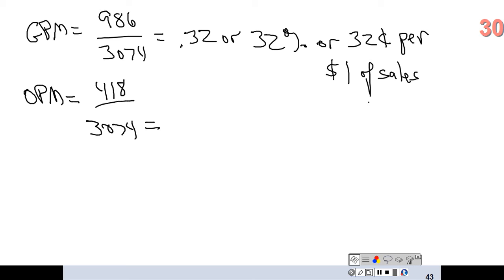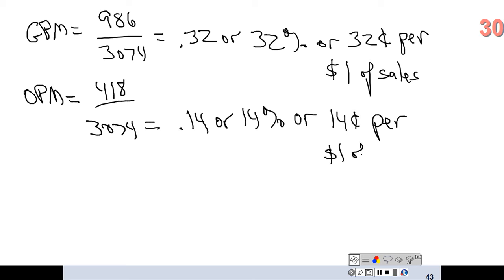Okay, so 0.14 or 14% or 14 cents per $1 of sales. Now we said operating profit, that's after the company has paid for its cost of goods sold and it's paid for its operating expenses. This company makes 14 cents. Again, good or bad, we don't really know at this point.